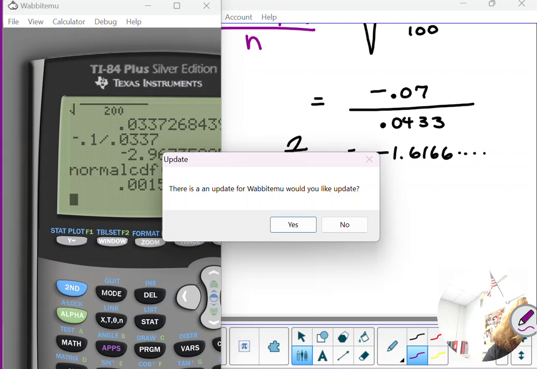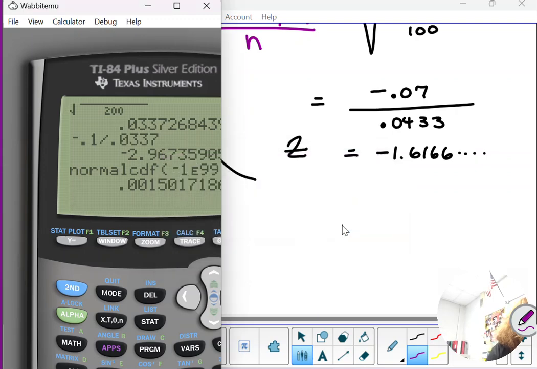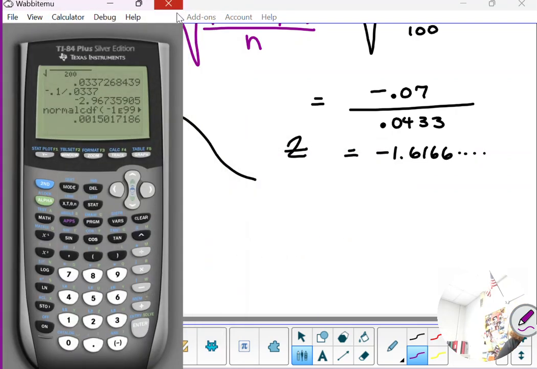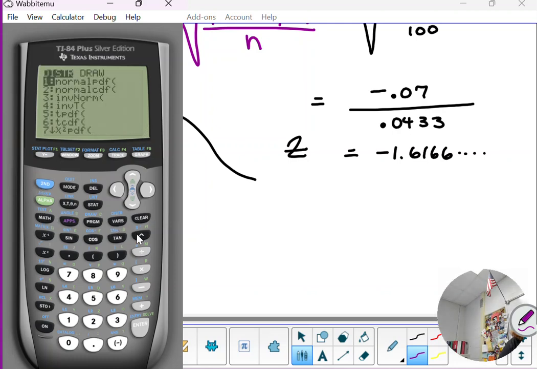All right, so here's the calculator part. I'm going to record this on the calculator so you'll have this so you can remember how to do it. So here's my calculator. If I do second and vars, I get my distributions. I go to my normal cumulative distribution.